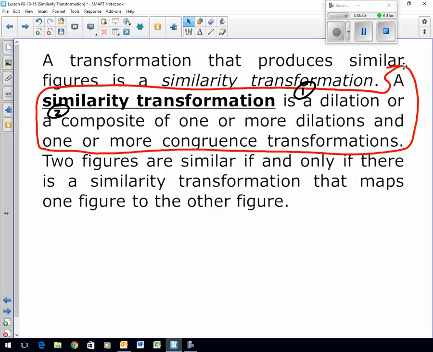True. A rotation and translation is a similarity transformation. False. Was there a dilation in there? No, there wasn't a dilation.